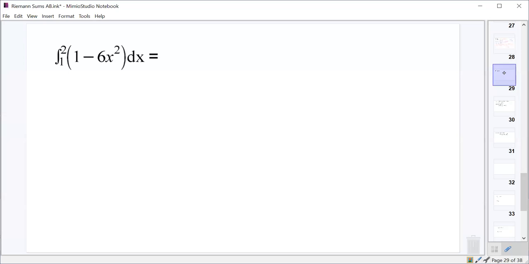The integral from 1 to 2 of 1 minus 6x squared dx. So we'll start off the same way we've been doing all of them, with our limit as n approaches infinity of a sum from k equals 1 to n of 1 minus 6 x sub k squared times delta x.